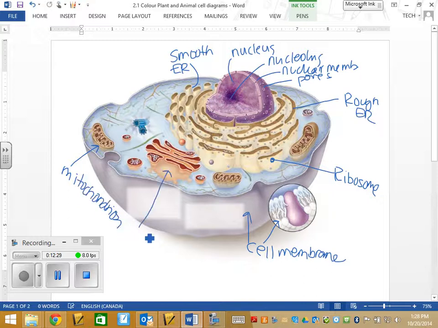Here is your Golgi apparatus. Up here somewhere you can see all the little lines. You could put cytoskeleton. Basically anywhere there isn't something else, like right here, you could put cytoplasm.